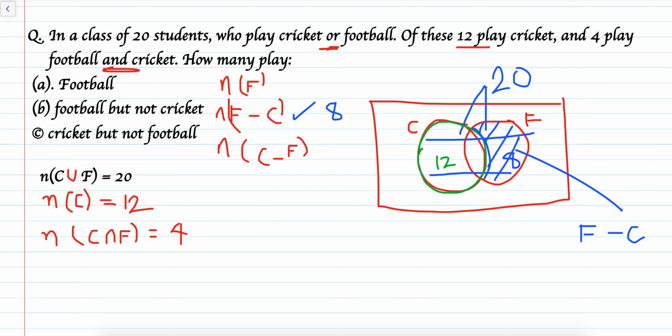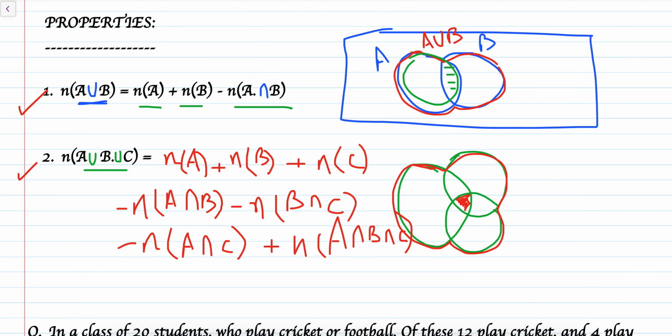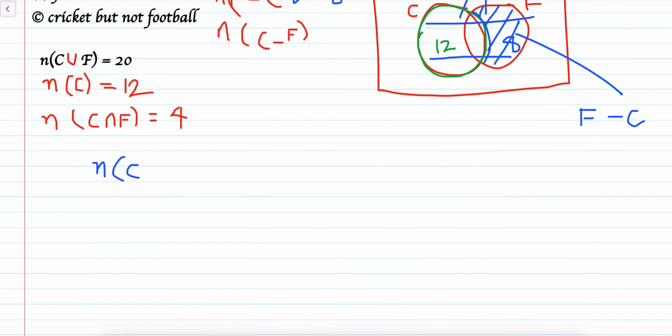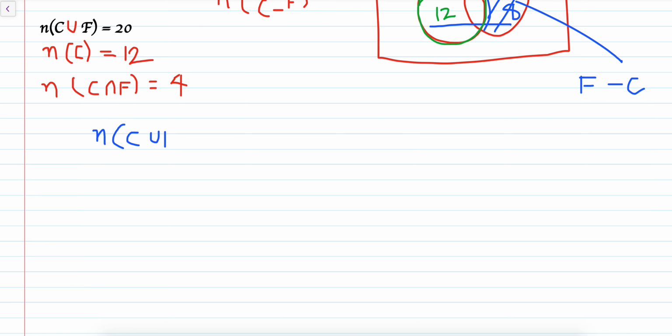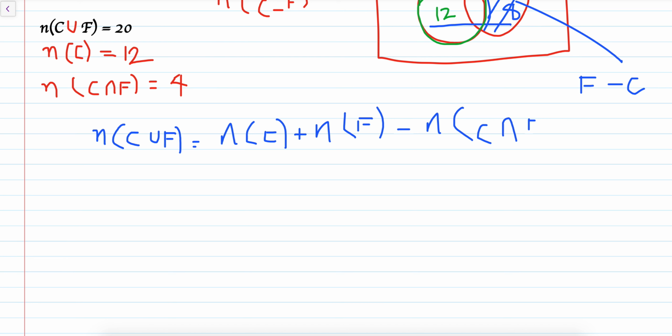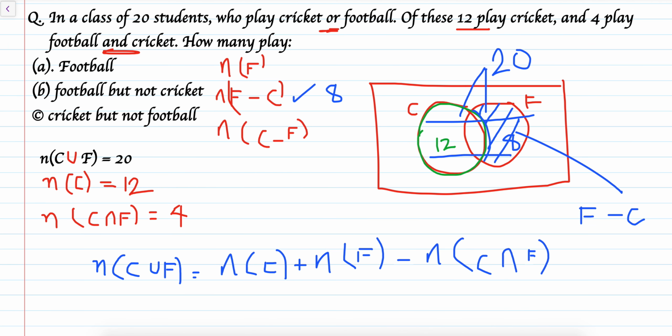And now we have to find the intersection of this. So remember this formula here, N of A union B is N of A plus N of B minus N of A intersection B. So N of C union F is equal to N of C plus N of F minus N of C intersection F. So now we will substitute the values.